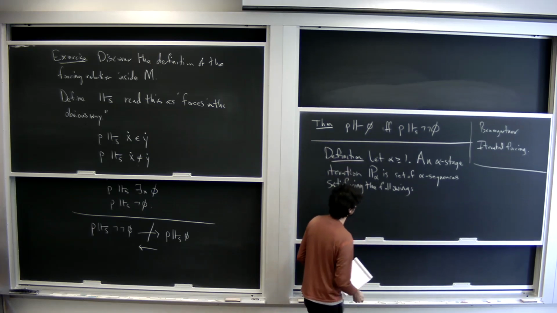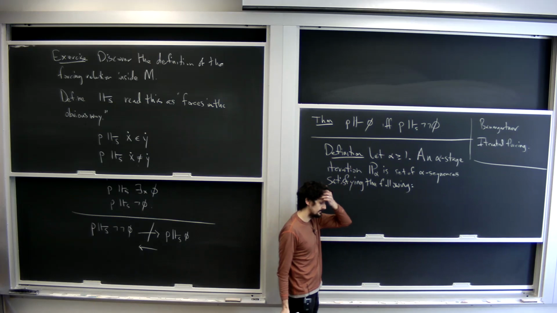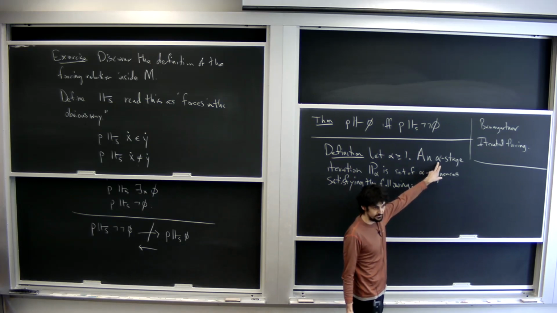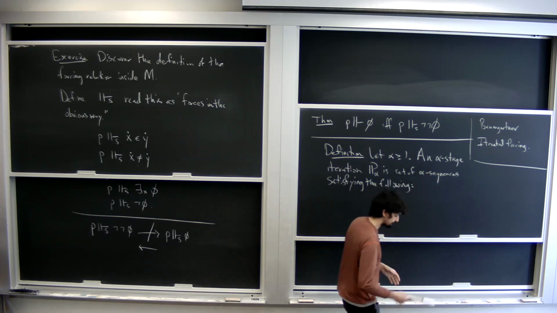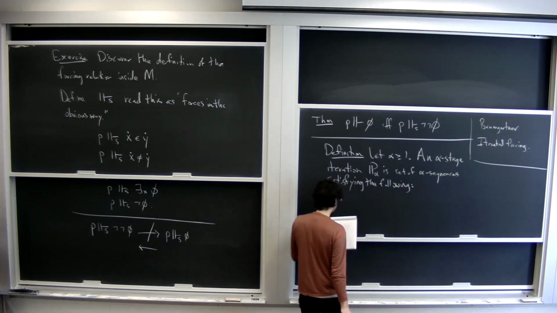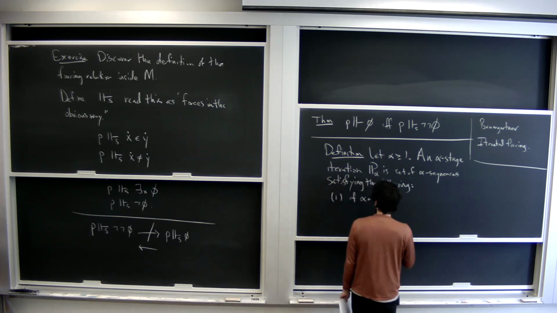There's going to be an inductive definition. In the inductive step we assume that we've defined what it means to be a beta stage iteration for all betas. First, I think I need to give some kind of base case. Alpha is 1.